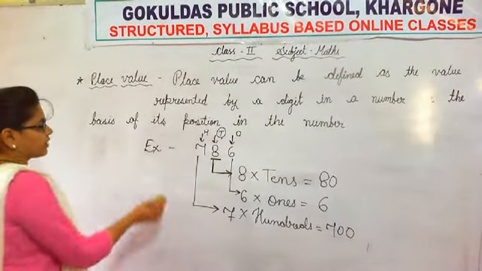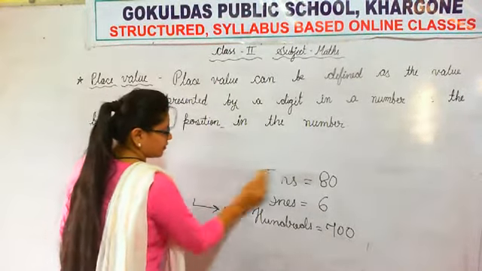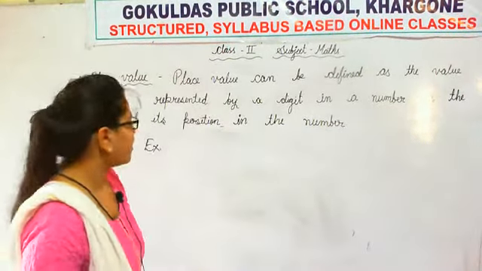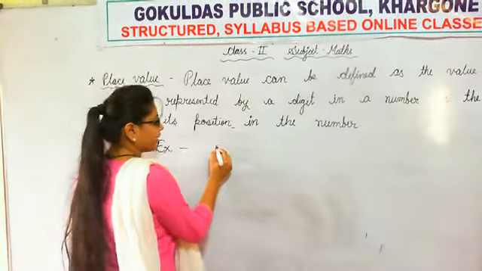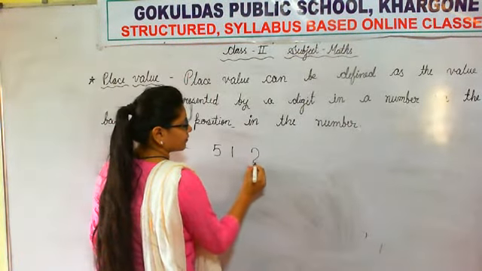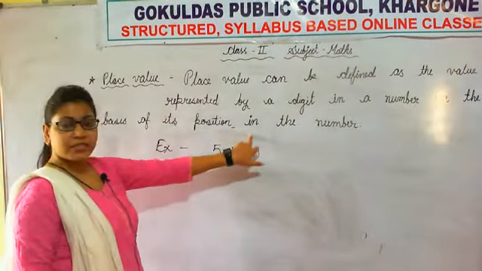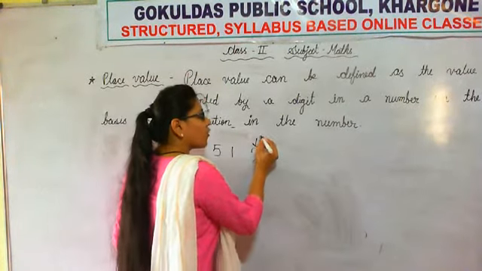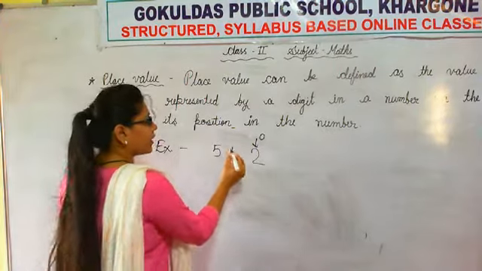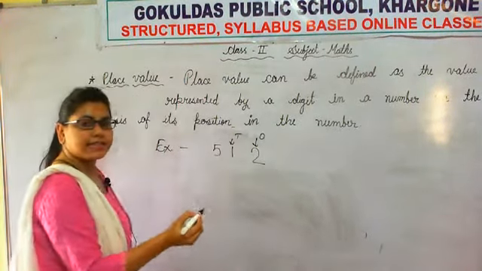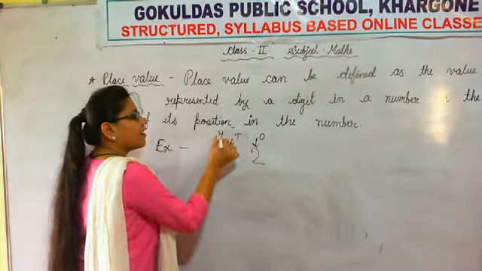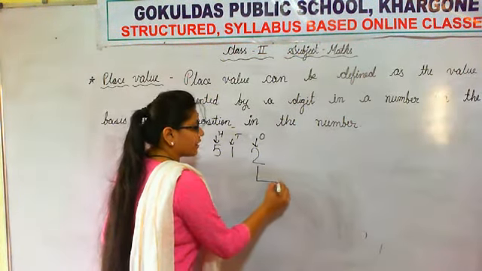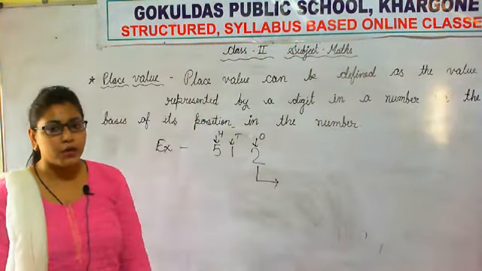Let us take one more example. Let a number be this. Which position is this? The rightmost position is always ones, then left to it is tens, then hundreds. So, if I ask what is the place value of 2, what will you do?